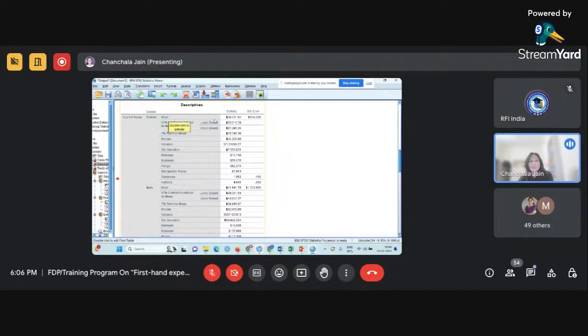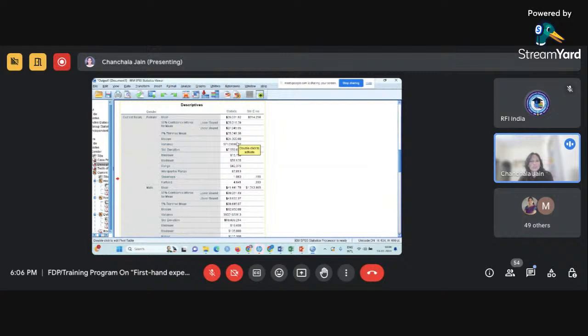This is the mean salary for the females. Similarly, these are the confidence interval for mean, the ranges at 95%. The 5% trimmed mean says $25,248 would be the mean salary for the female if we are removing the outliers, 5% from both the sides.